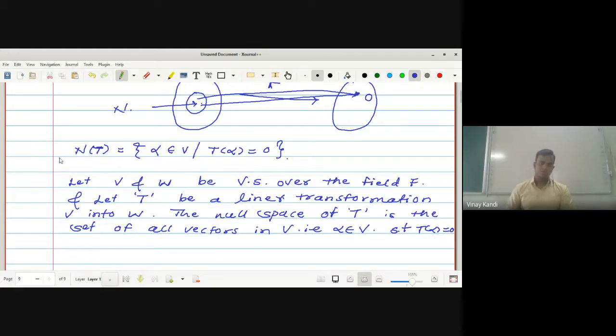Okay, if T is linear, then T of 0 is equal to 0. So 0 is always contained in the null space of T.